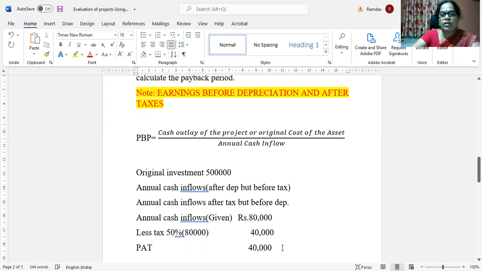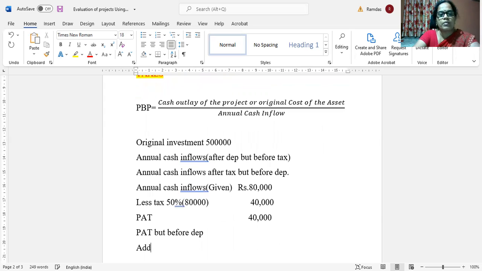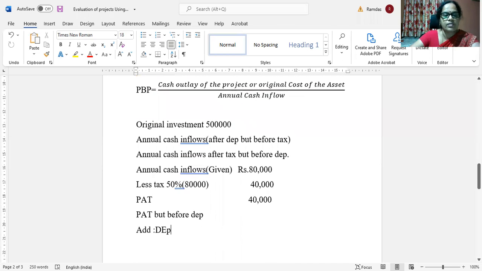But what do we require? We require profit after tax, but before depreciation. So we need to add back the depreciation. The depreciation percentage is given, it is 12% of 5 lakhs.